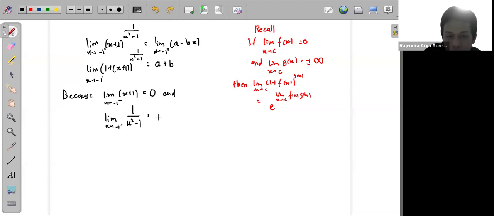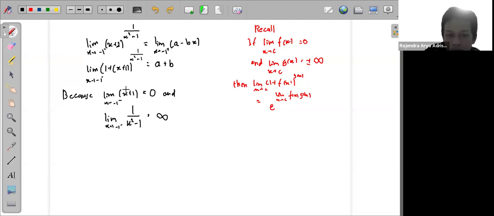So we can conclude it as infinity because it's just on the left. But for the other case, where we don't just see it from the left, the limit of this function doesn't exist. Okay, so you must see the difference.